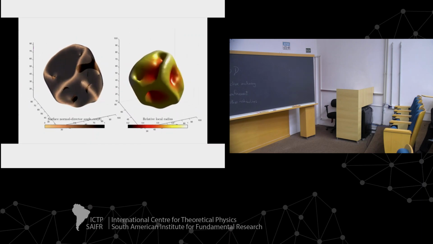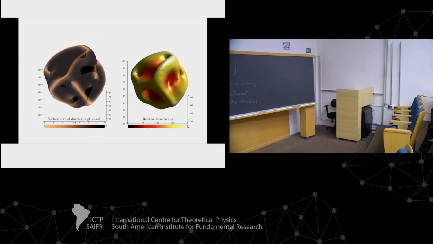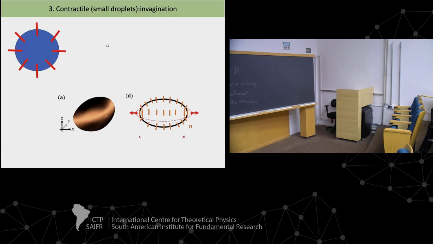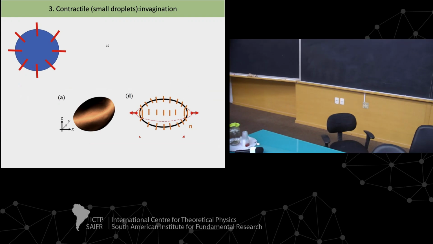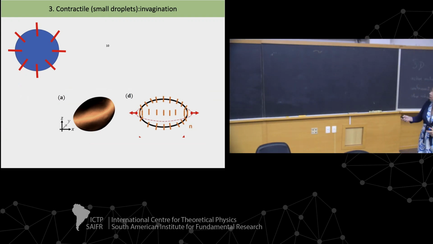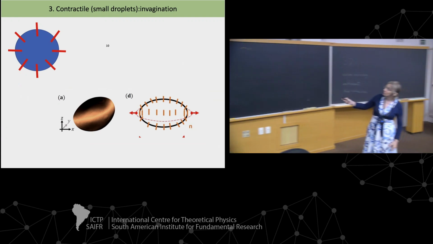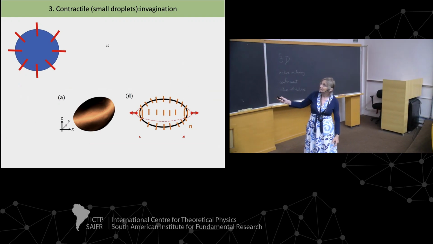I will explain those later to anyone who's interested. And then this one we thought was nice at the time. This is what happens if you have a contractile drop which is very small. This is my active drop.